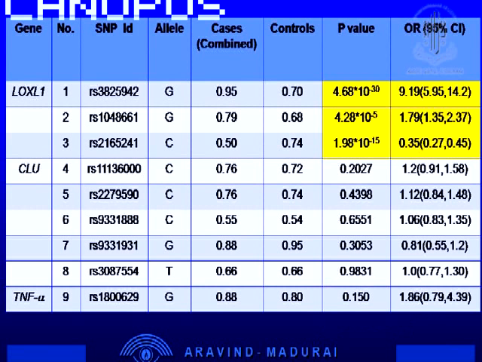Because we have plenty of samples for pseudo-exfoliation, we grouped them into pseudo-exfoliation alone, pseudo-exfoliation with glaucoma, and control samples. The candidate gene is LOXL1, very recently identified, and in addition clusterin and TNF alpha. So these are the other genes associated with pseudo-exfoliation.